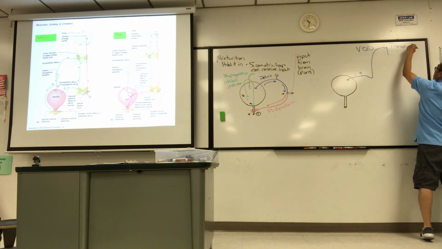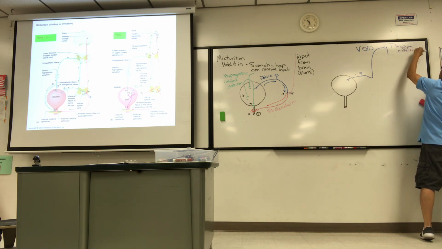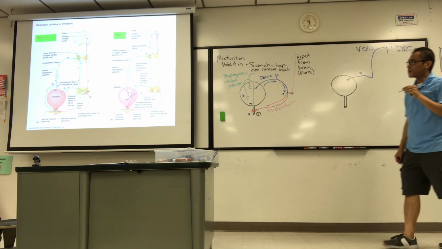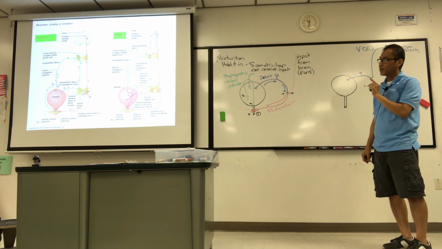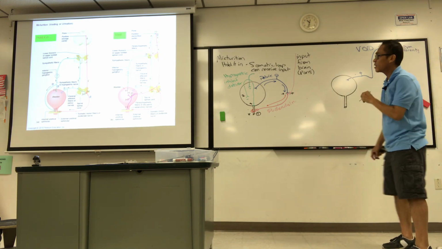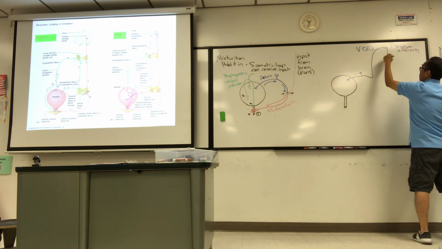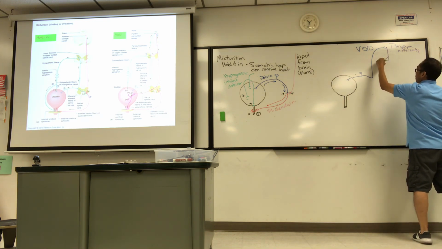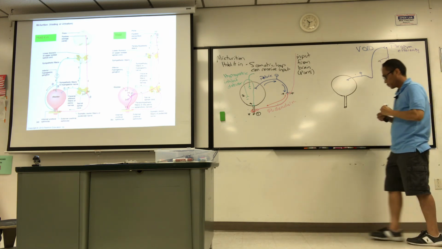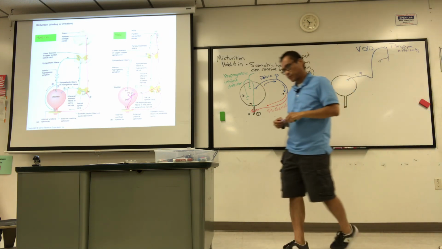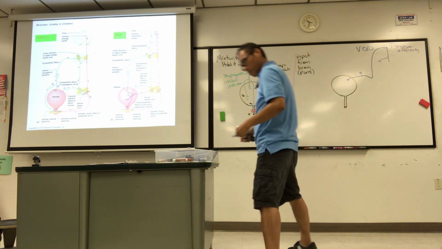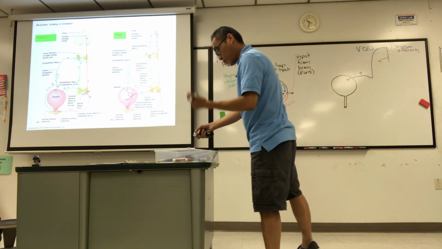Efferents. The first thing they show you is you're inhibiting the hypogastric. There's a branch coming off.